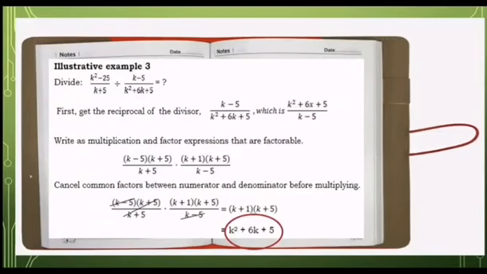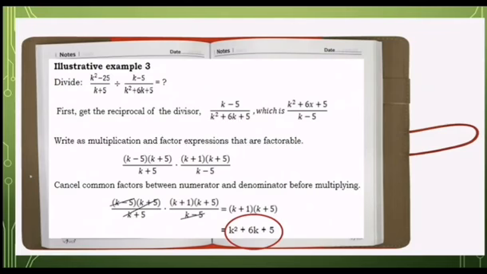Illustrative example number 3. Divide k squared minus 25 over k plus 5 and k minus 5 over k squared plus 6k plus 5. First, get the reciprocal of the divisor, k minus 5 over k squared plus 6k plus 5, which is k squared plus 6k plus 5 over k minus 5.